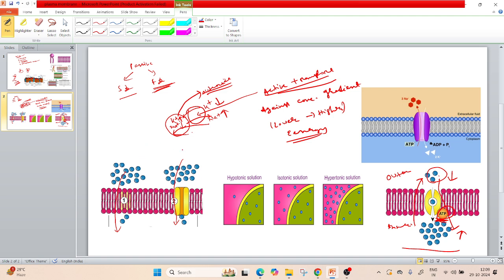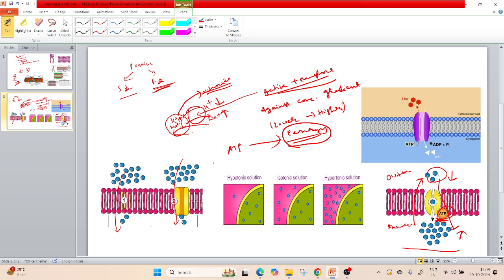Don't confuse between the energy and the ATP. If it asks whether in active transport energy is needed or ATP is needed, always mention that energy is needed. Why? Because ATP is one type of energy. That means we use ATP as a form of energy.